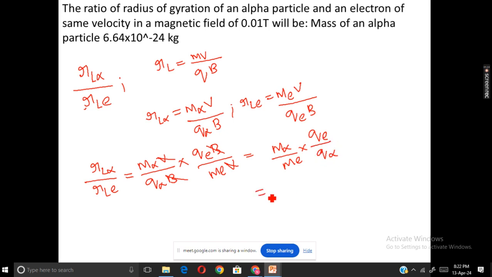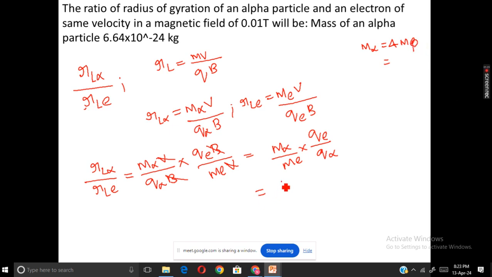The mass of the alpha particle is given. So M alpha is basically 4 into mass of proton, not electron.